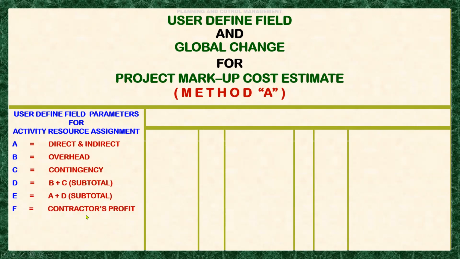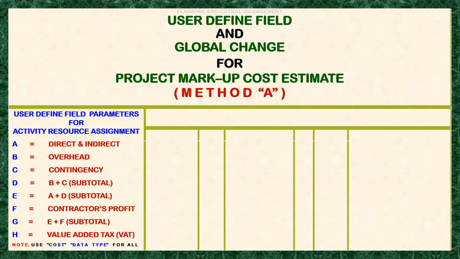And F is the contractor's profit. And here G is the last subtotal plus the contractor's profit. And H is the value added tax. And here there is a note that we have to use the cost data type for all the parameters.